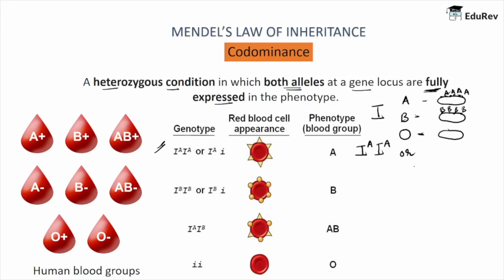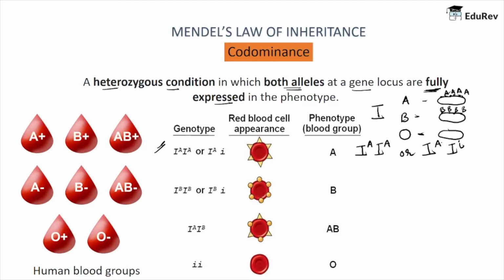But there is one more condition in which a person can have blood group A. That is, if a person has capital A as one allele and one mutant allele which doesn't have any antigen, that is capital IA and small i.